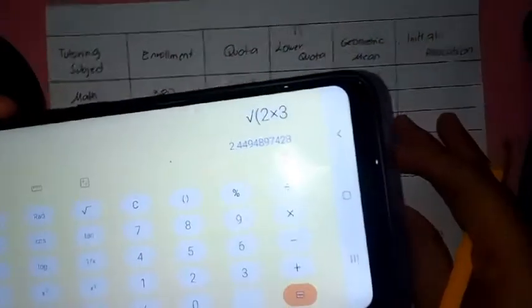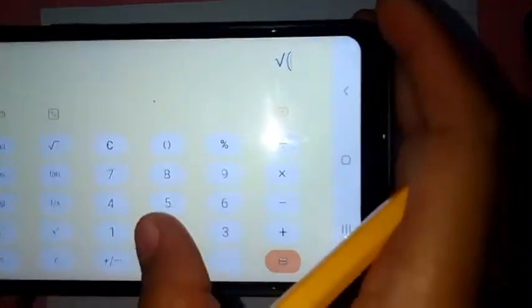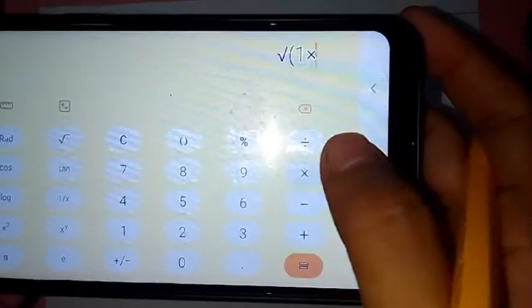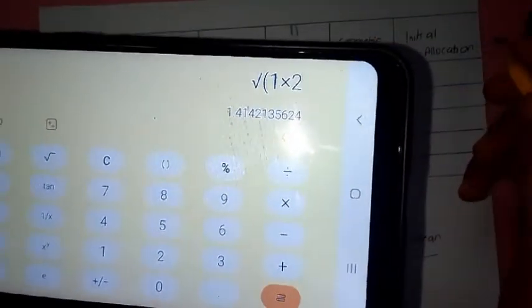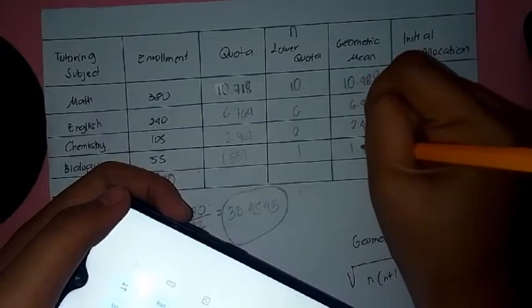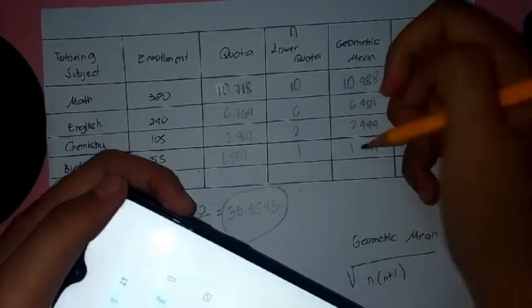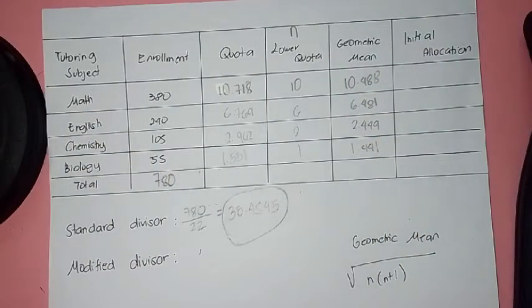Next, square root of 1 times 2 equals 1.441. Last, the 6th column.